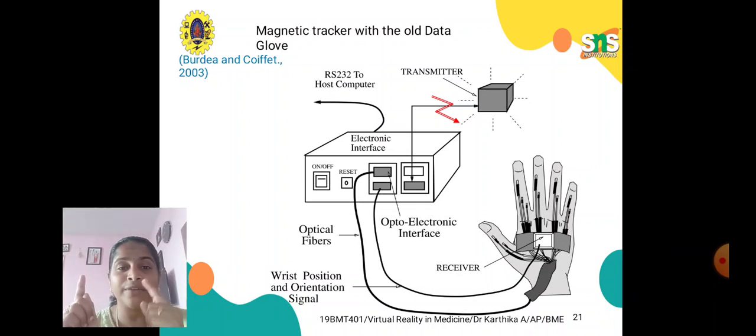Here the moving receiver, this moving part, is called a hand glove in the magnetic tracker. Here we use that example. So we use a stationary transmitter and a moving receiver, that is the wrist. Here with the help of optical fibers and the optoelectronic interface, we can map our transmitter and receiver.